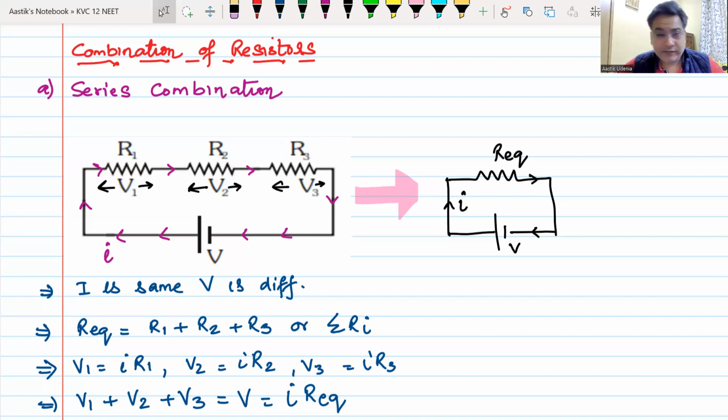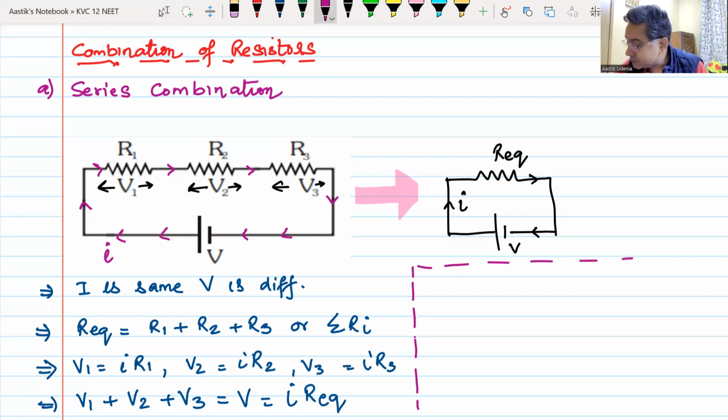power. So here you can just write the power consumed by a resistor.